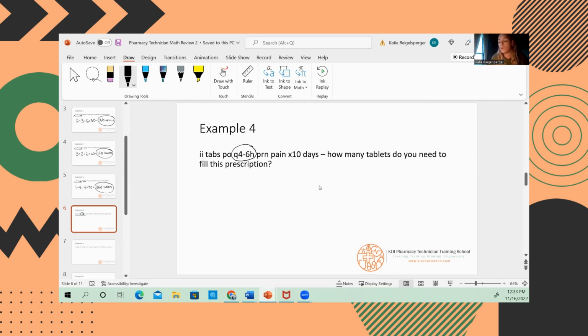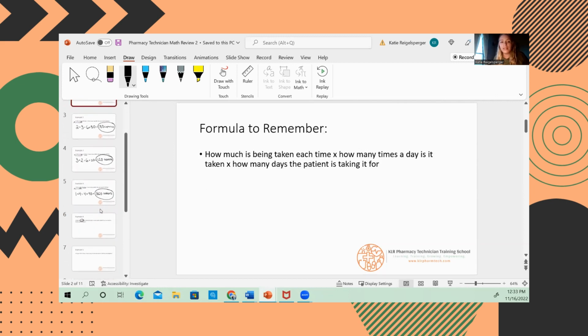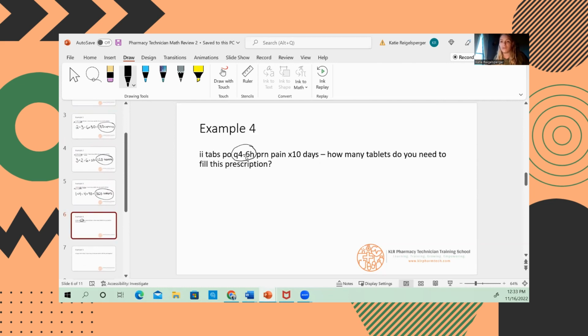But for our formula, guys, if we go back to that formula, we want to know how many times a day this is, okay? What this is telling us is every 4 to 6 hours, so we're going to choose every 4 hours, but we still need to decide how many times a day is every 4 hours.